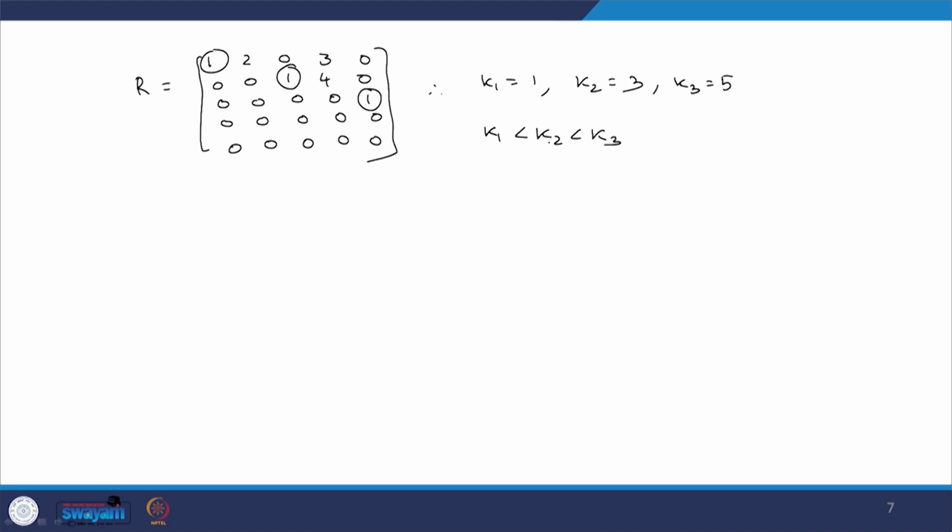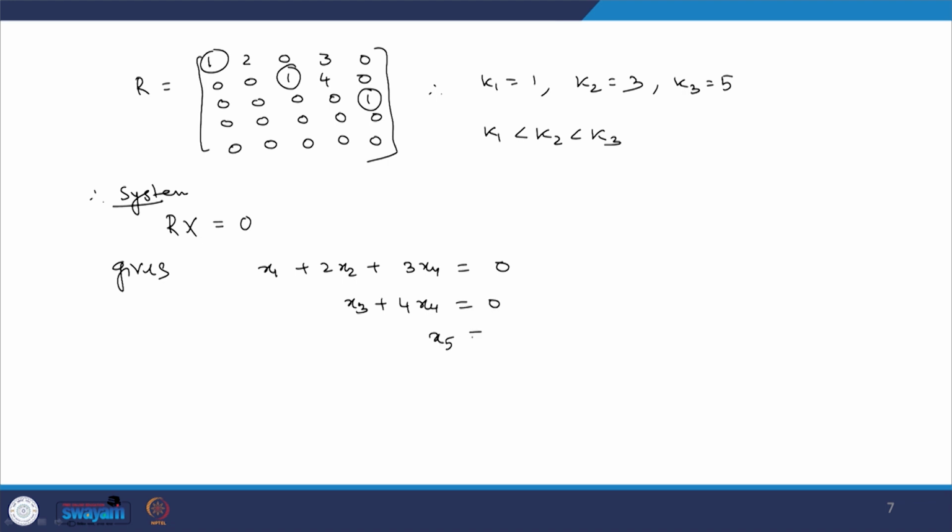So, accordingly, now if I talk from the solution point of view, let me write down again the system Rx equal to 0. This gives x1 plus 2x2 plus 3x4 equal to 0, then x3 plus 4x4 equal to 0 and x5 equal to 0.